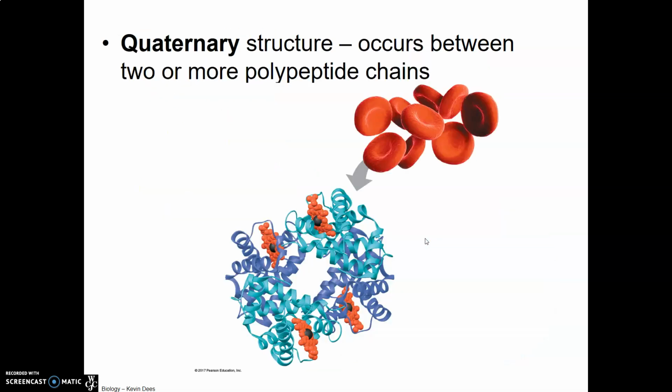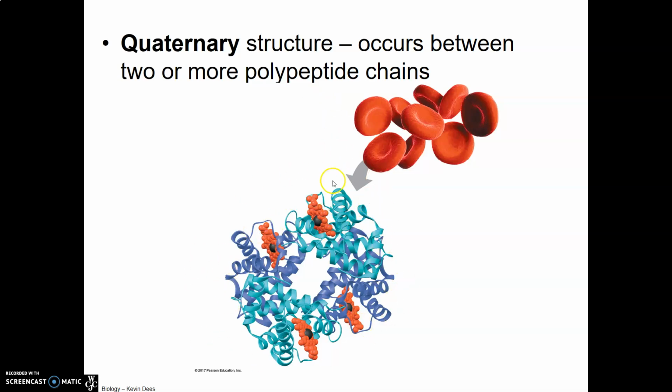Now, quaternary structure occurs between 2 or more different polypeptide chains. Many proteins, like hemoglobin depicted here, are made up of more than one polypeptide chain. So we see a polypeptide chain going from primary to secondary to tertiary structure, and then it joins other tertiary structured polypeptide chains to form our fully functional protein.